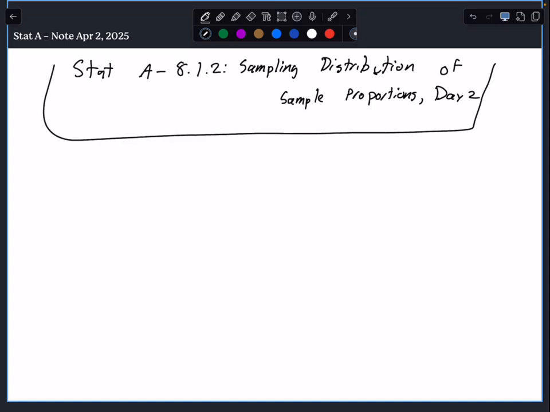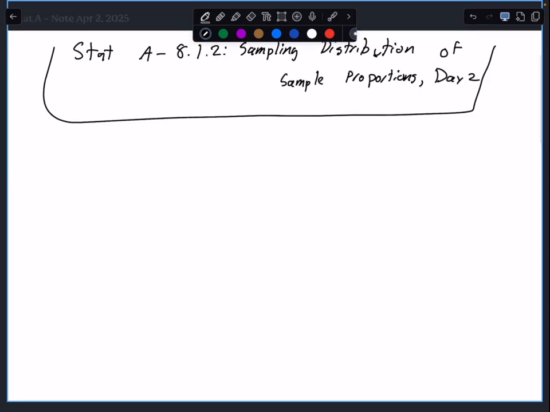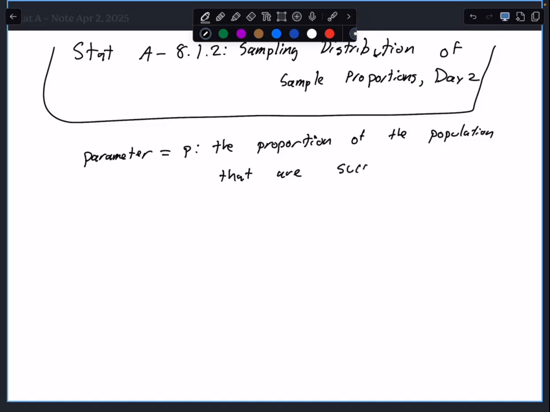So basically what we're talking about here is that we are taking a bunch of samples of p. Remember, our parameter, as a reminder, is p, which is the proportion of the population that are successes.